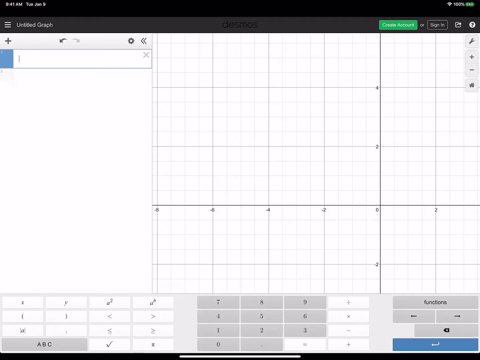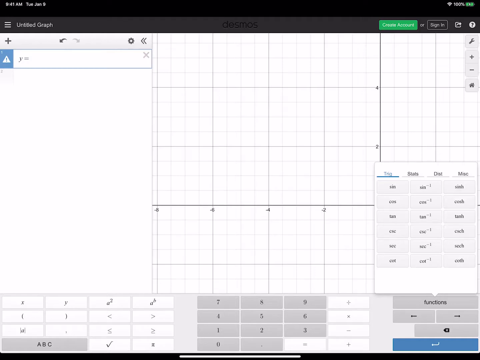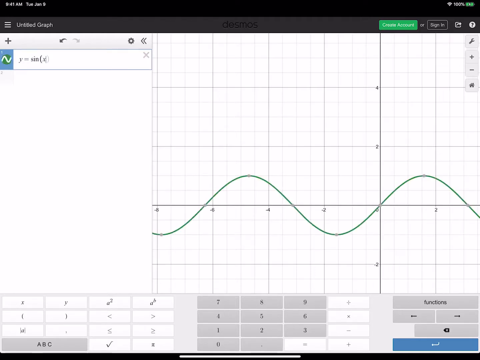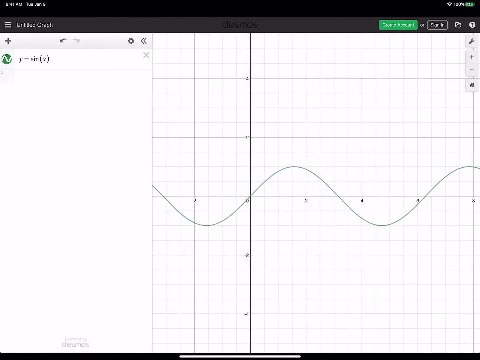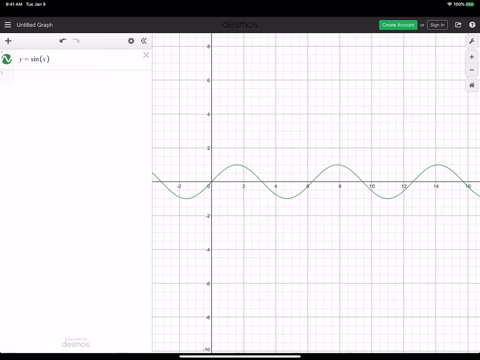Where's our y? y equals sine of x. This is what we're saying. This curve oscillates between plus or minus 1 forever as x gets big.